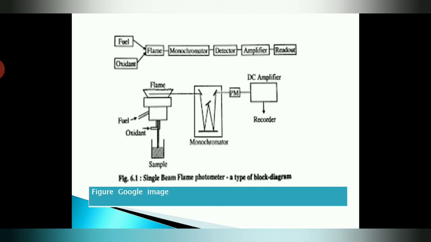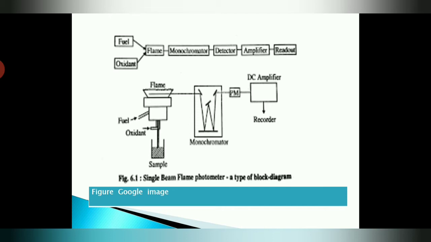A hotter flame better vaporizes the sample and higher temperature promotes the dissociation of non-emitting compounds like alkali or alkaline earth metals. Next is gas regulation. In a quantitative flame photometer, a reproducible and steady flame is generally required because it gives a uniform result.